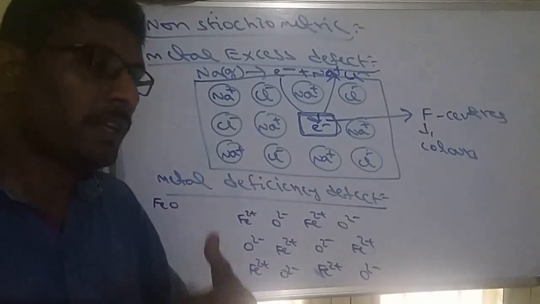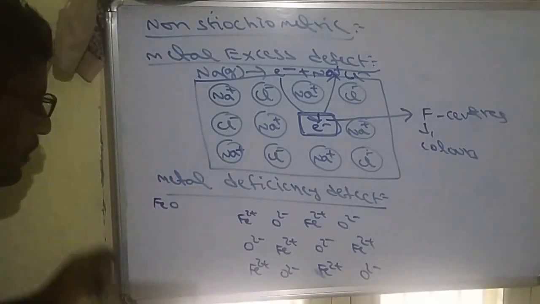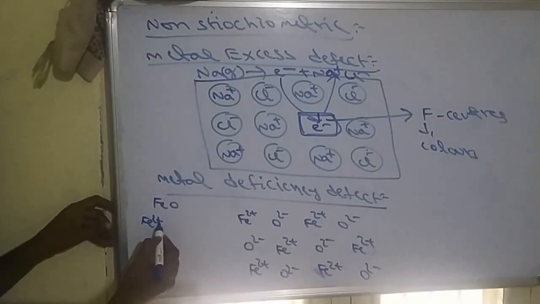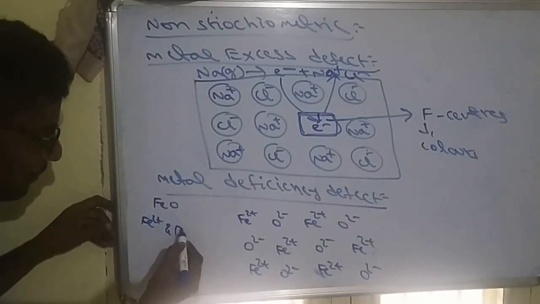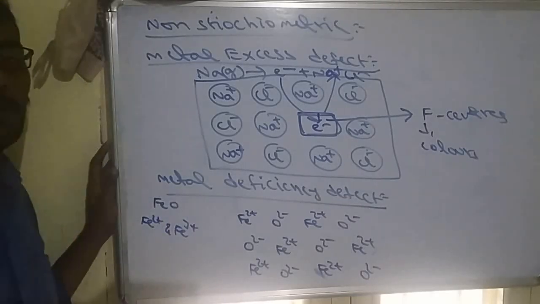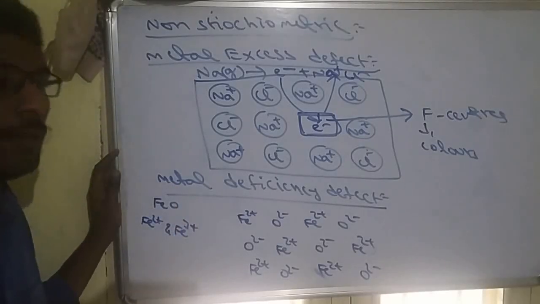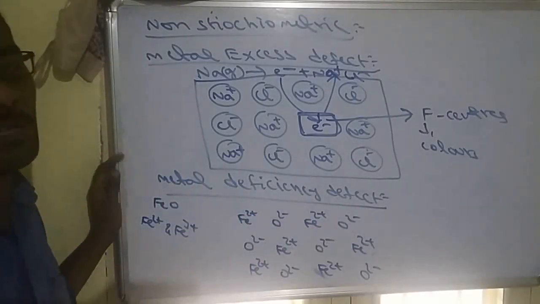But in naturally existing iron oxide, the iron is not completely Fe2+. Some Fe3+ ions also exist. Normally it is Fe2+, but some Fe3+ ions are also present.